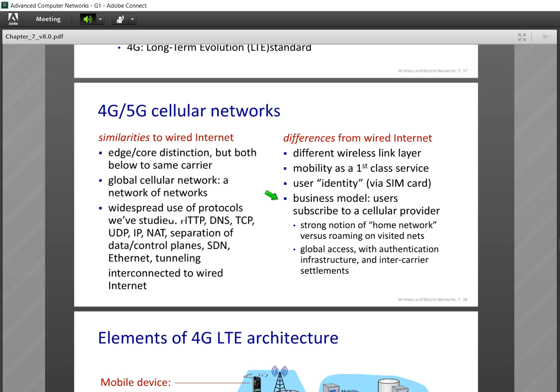In a wired network, for example, if I'm using an ADSL connection, in ADSL technology I should announce my static... I should connect to the ISP using my public wired telephone number.